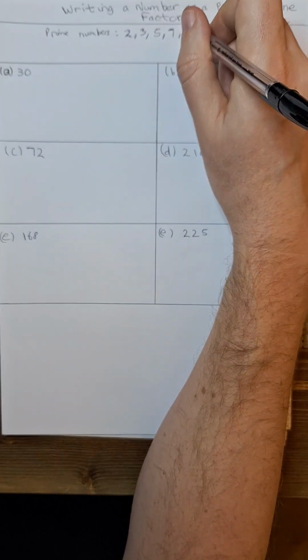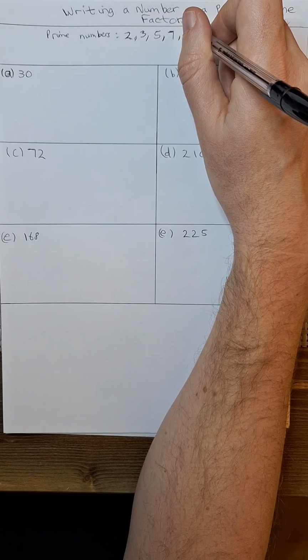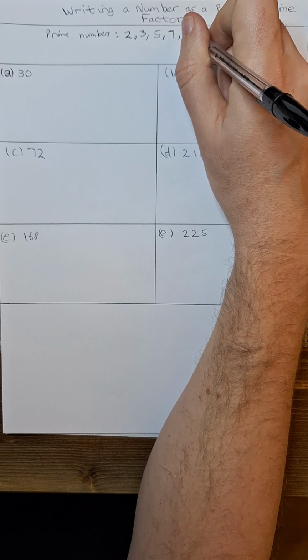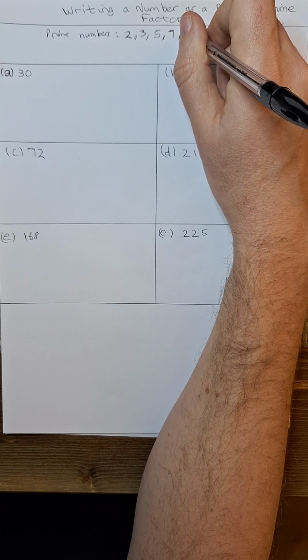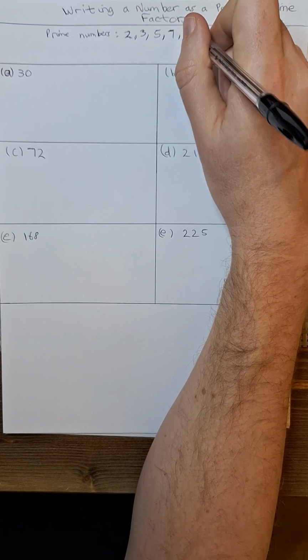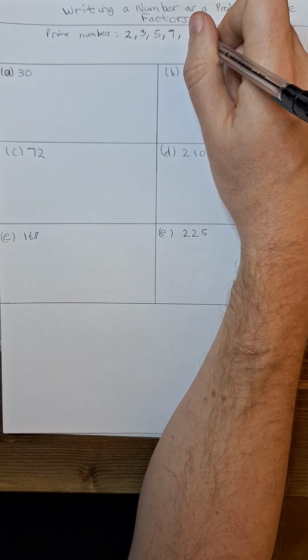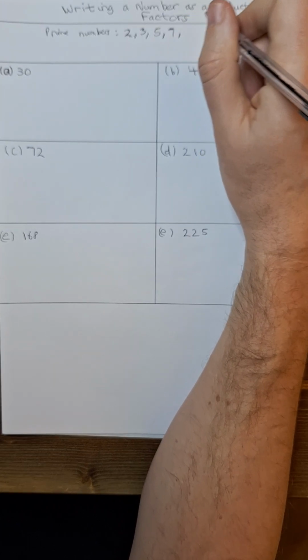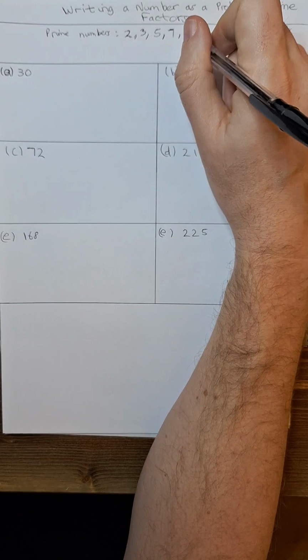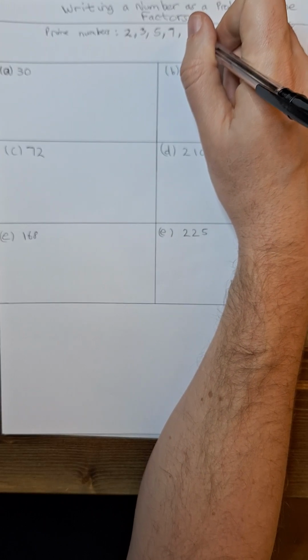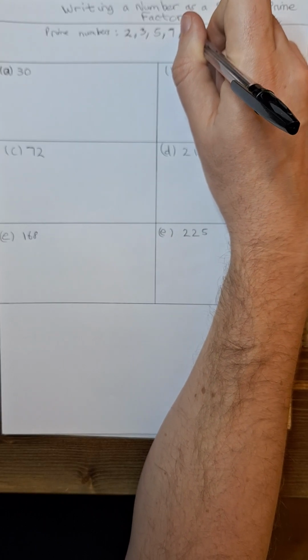8 is not prime because we have 1 times 8 is 8 and 2 times 4 is 8. 9 is not prime because we have 3 times 3 is 9 and 1 times 9 is 9. 10 is not prime because we have 1 times 10 and 2 times 5. 11 is prime.